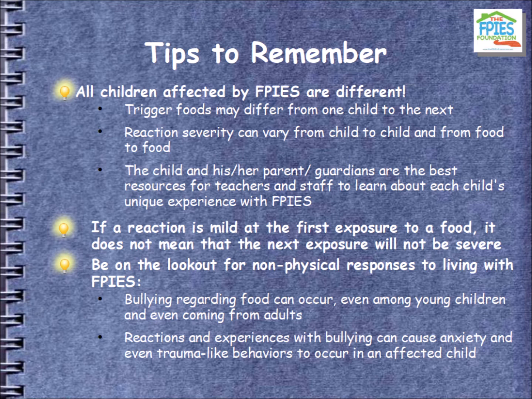So keep that in the back of your mind as you're navigating the day-to-day with the children in your classroom affected by FPIES, and really rehearse in your head what an acute reaction looks like so that you're not blindsided if it does happen, even with exposure to a food that may have only produced mild reactions in the past.